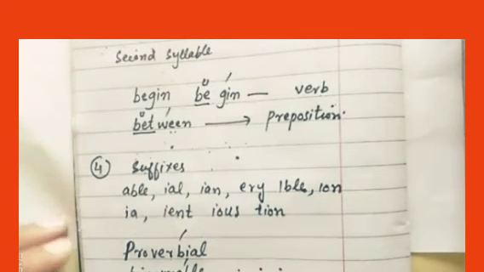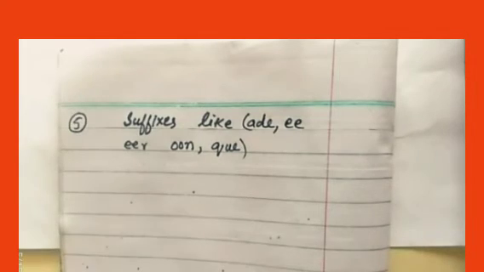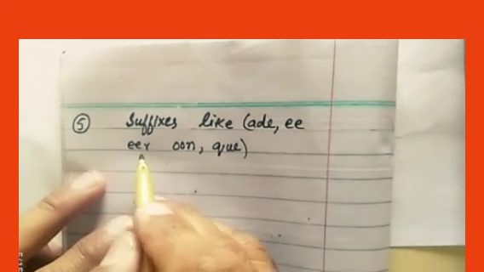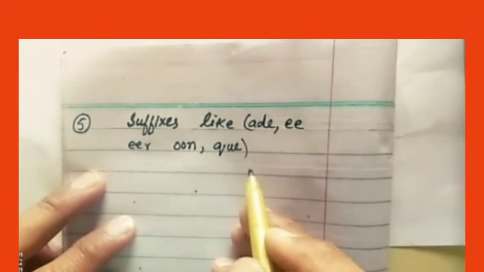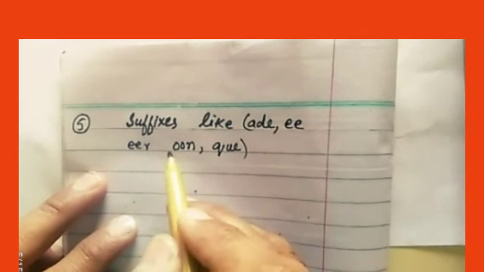Rule number five is words having suffixes like ade, ee, eer, oon, que, etc. These suffixes will be stressed.